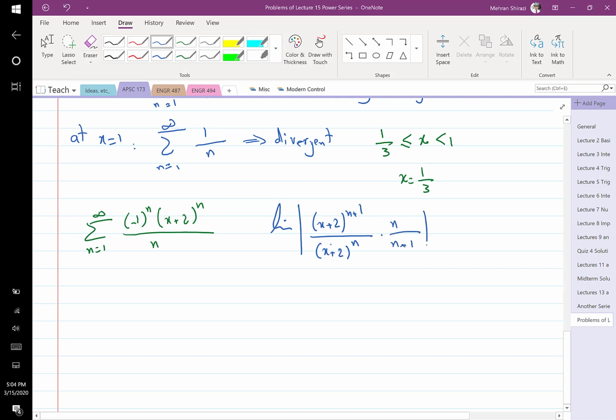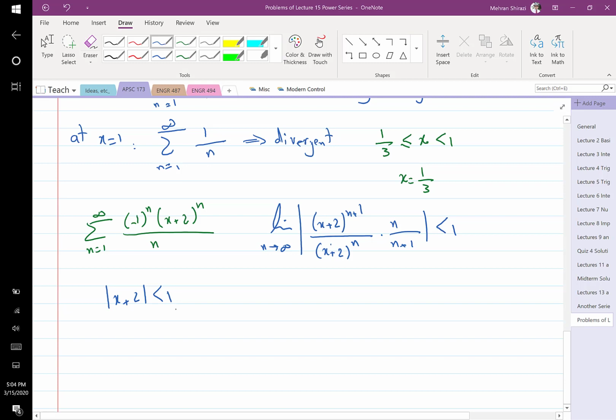Why didn't I use the minus 1 over minus 1 to the power of n? Because with the absolute value, the minus 1 disappears. The absolute value kills the minus 1 to the power of n. This should be less than 1, so again n over n plus 1 goes to 1, we can ignore it. So what we have is that the absolute value of x plus 2 is less than 1.